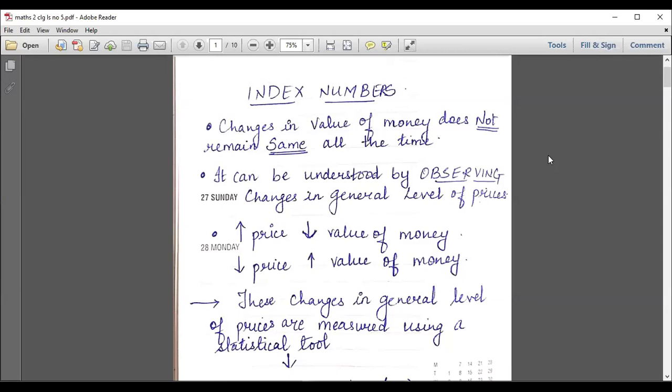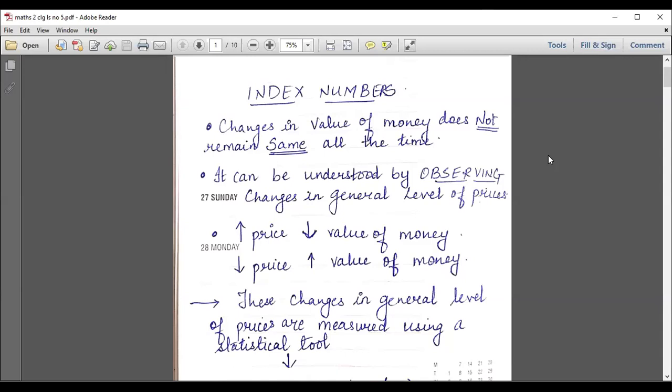Index numbers basically help us to measure the changes in the value of money, which does not remain the same all the time. It can be understood by observing changes in the general level of prices. By reading these two lines, you must have got a hint that I'm talking about the general economy of our country, that is, the economic state.